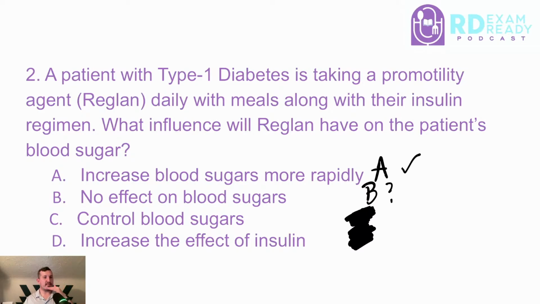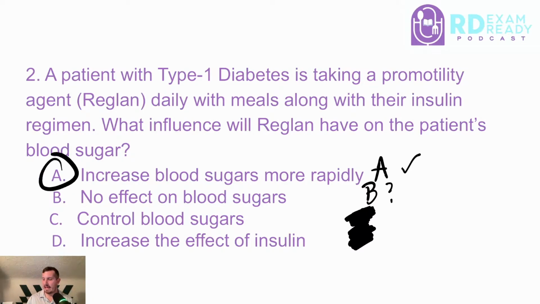Well, what's going to happen is that food is going to hit my blood sugar. It's going to get absorbed quicker than what my insulin is used to. Does that make sense? So if it's moving through my system quicker, my insulin kind of needs to catch up a little bit. So your blood sugars, this is what I would expect them to do, increase a bit. And then once that insulin kicks in, they're going to level out, right?